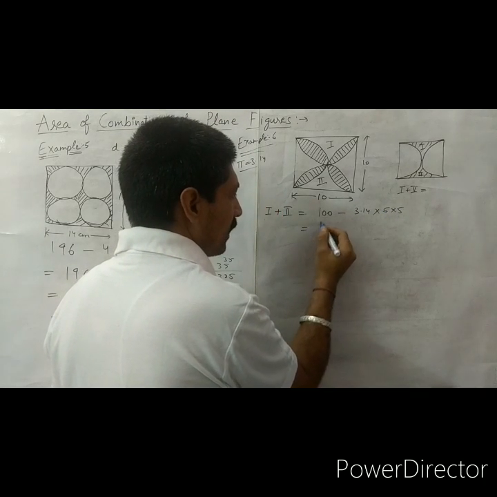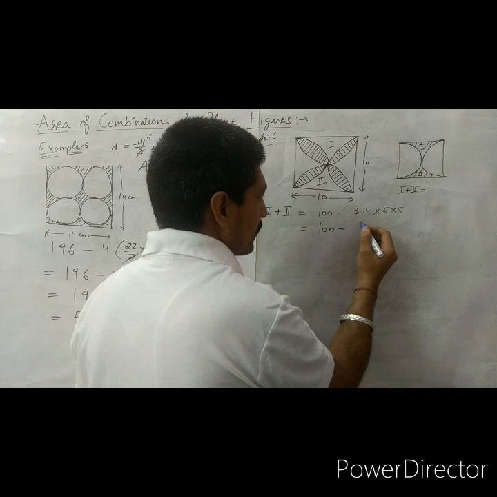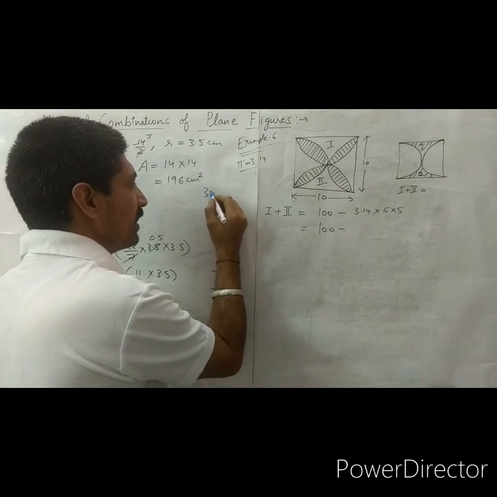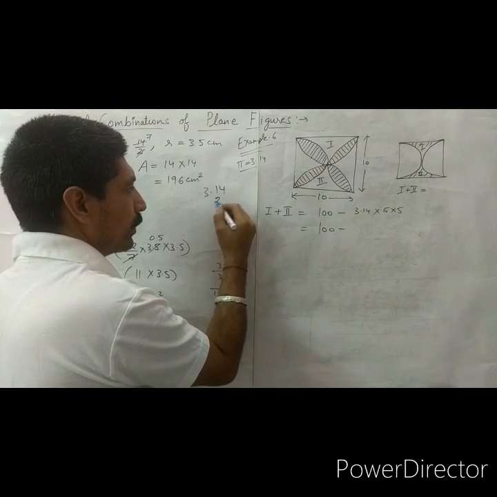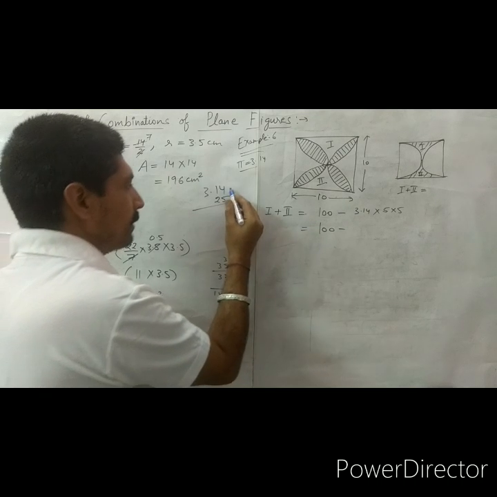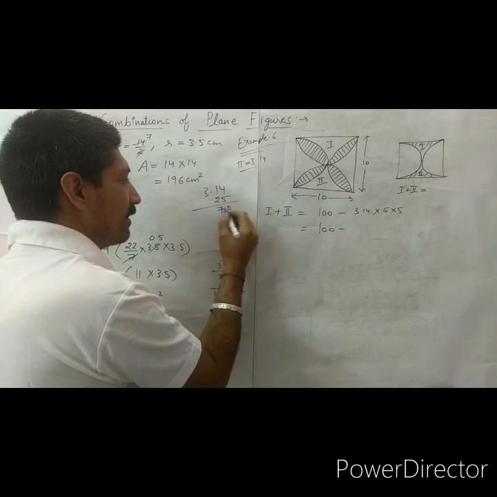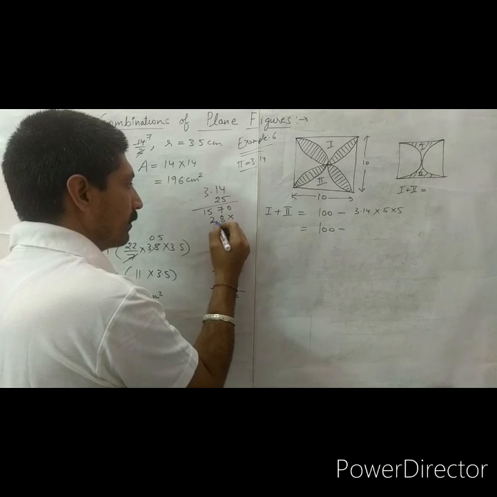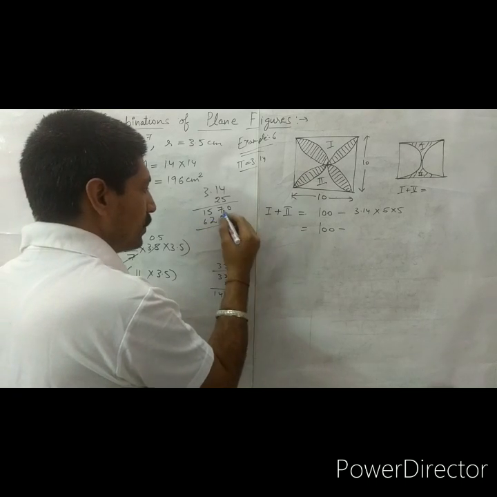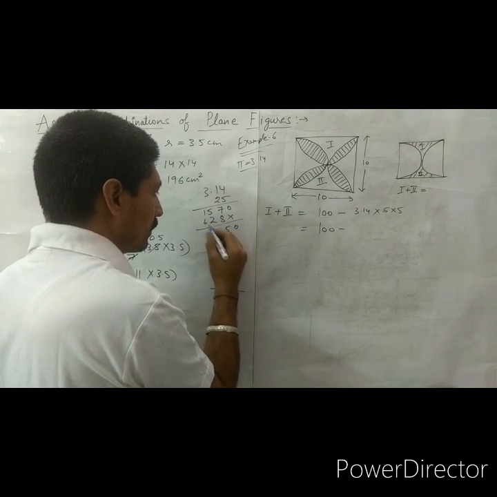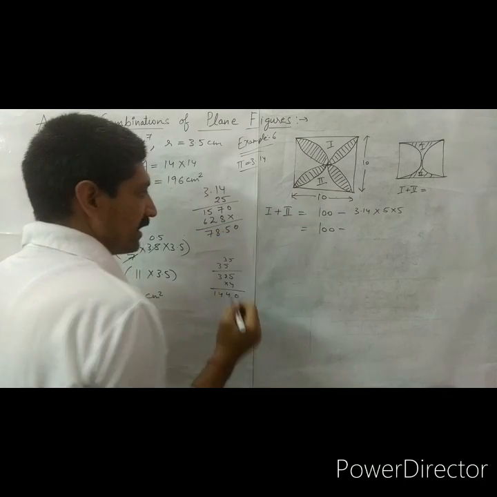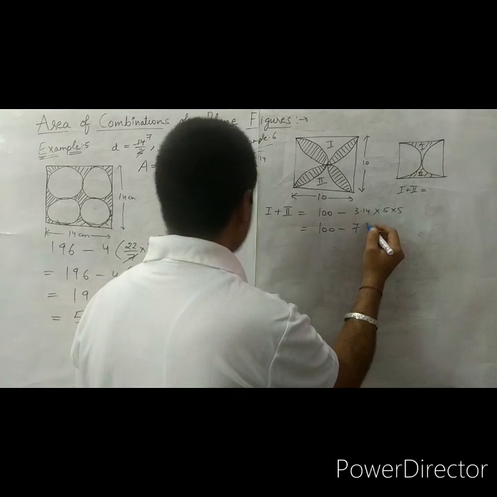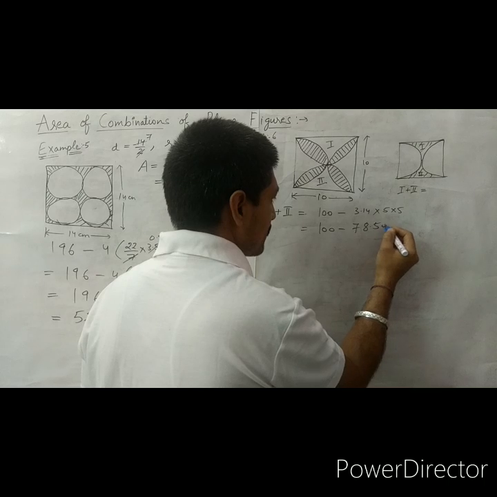So we have 100 minus 3.14 into 25. 25 into 3.14 is 78.50.